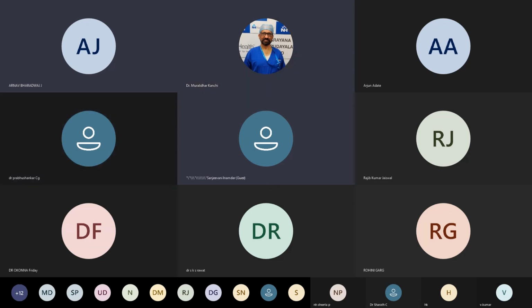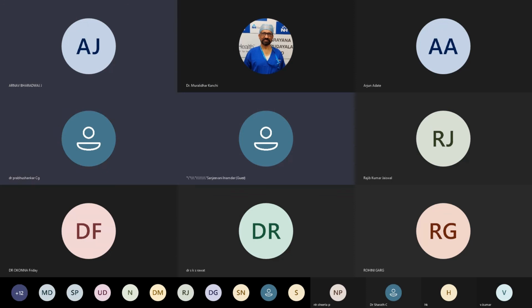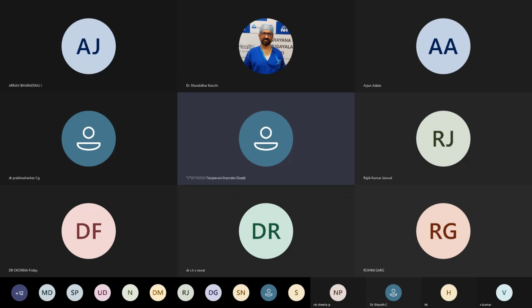Muralidhar? Yeah, absolutely. See now, this 56% of EF, now they are coming with GLS and strain picture in a big way. The new guidelines until now have said 50% of ejection fraction as a cutoff value, but now it will come to 60%.